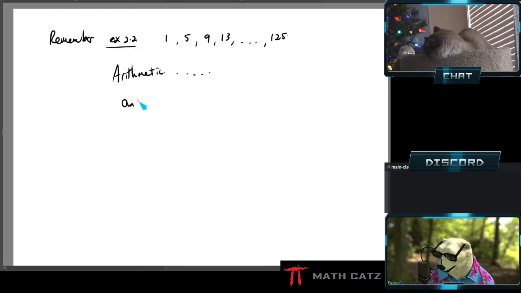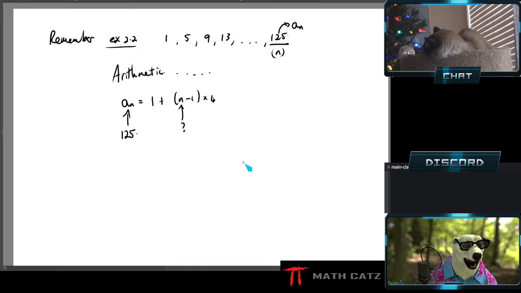I therefore had a formula: first term plus n minus 1 times difference. Then I asked, well, let's say this is in position n, this 125. I can name that an and ask in this equation, if I put in the term value, what is the position value? Then we solved it.